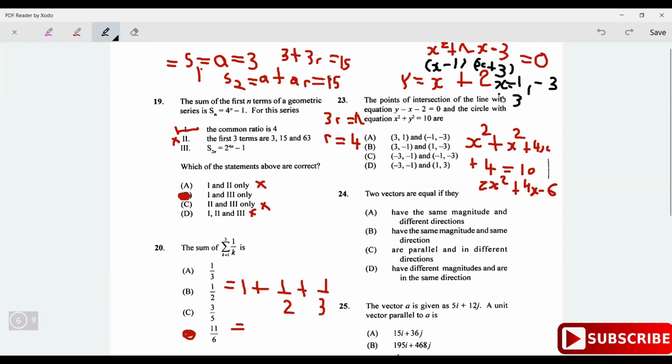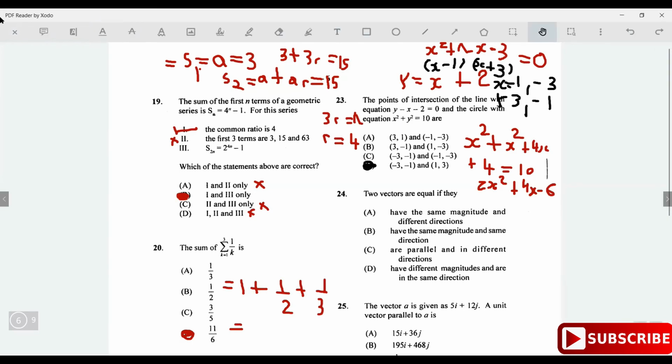When x is 1, you're going to get y is 3. And when x is negative 3, you're going to get y is negative 1. So the points are (1, 3) and (-3, -1). Nice and easy.